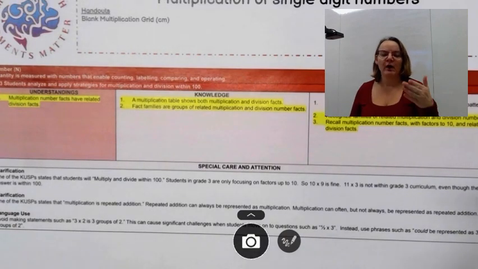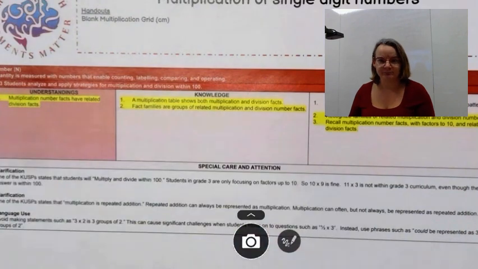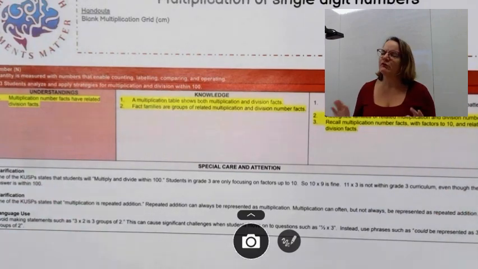You could repeatedly add 3 1/10. But then you get to a higher grade where they're multiplying a decimal by a decimal, and that just doesn't fit. So I try not to say repeated addition is multiplication or multiplication is repeated addition. But what I will say is that multiplication can often be solved through the use of repeated addition. So just a tiny tweak to the wording.